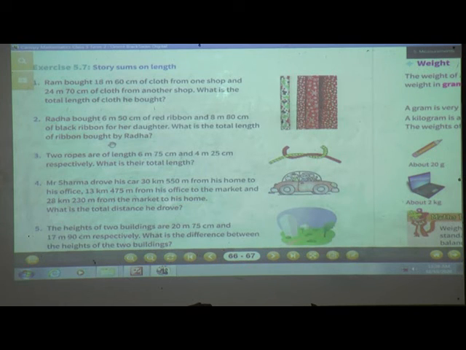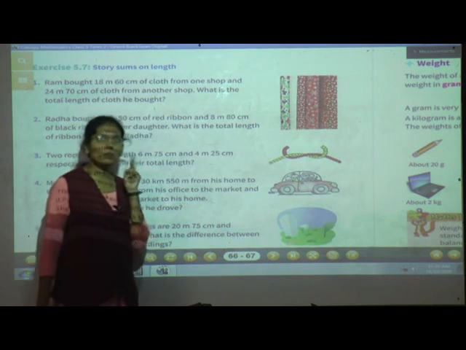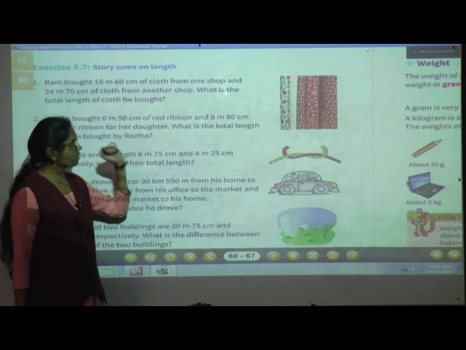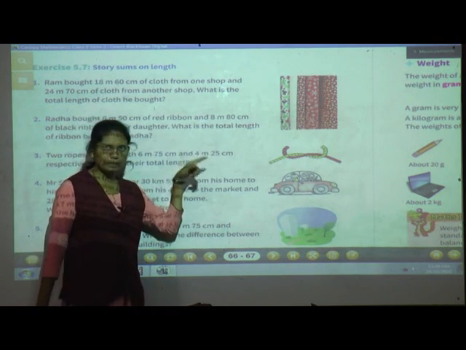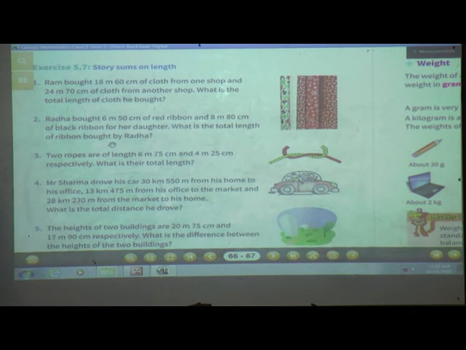See here again, what was given to us? The length of two ribbons. The length of the red ribbon is 6 meter and 50 centimeter, and the length of the black ribbon is 8 meter and 80 centimeter. And what is the question? What is the total length of ribbon bought by Radha?